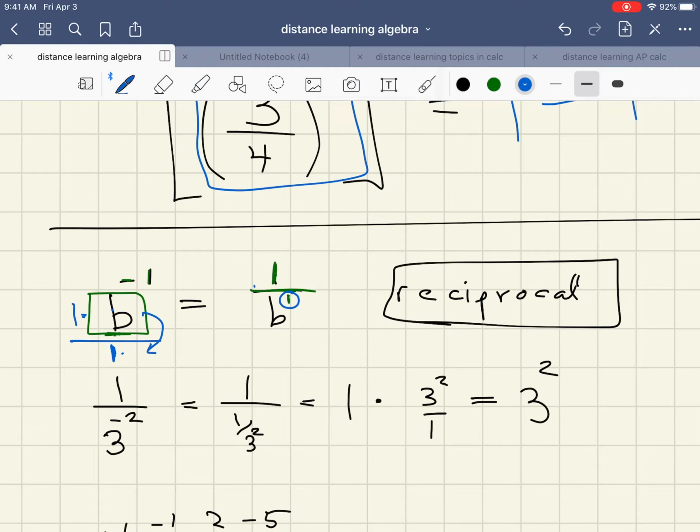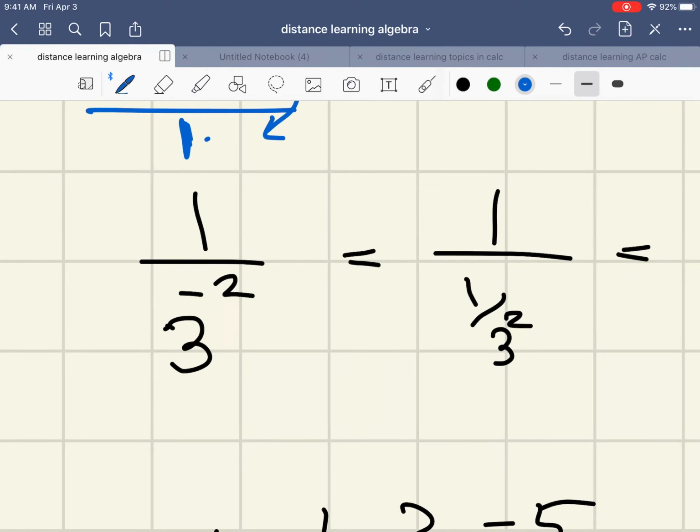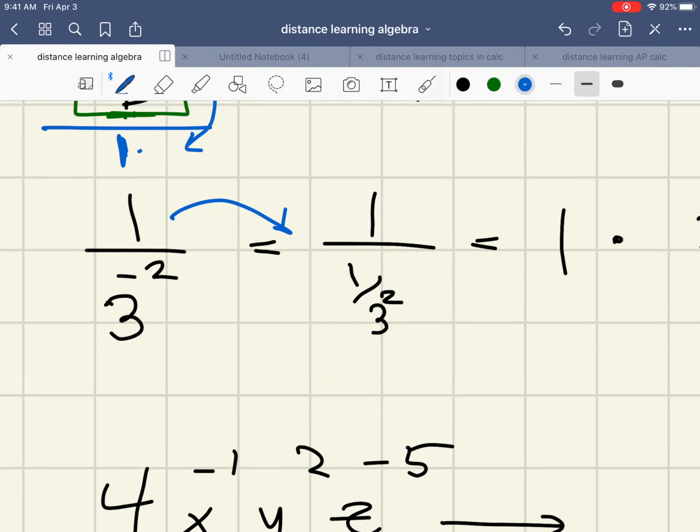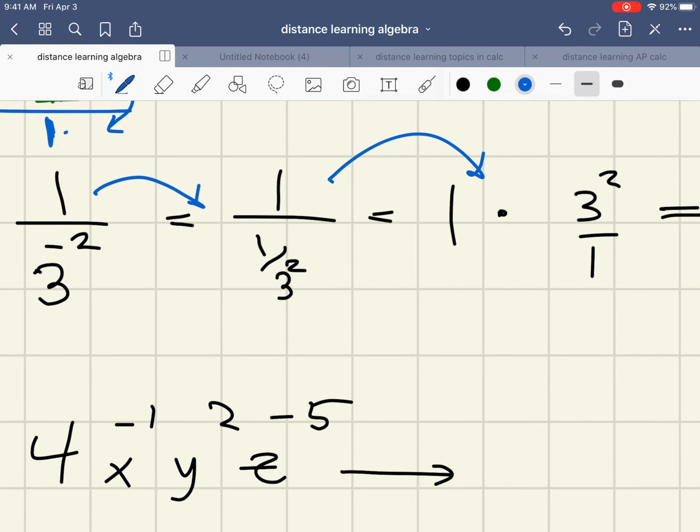A couple of examples of negative exponents would be here. We have 1 divided by 3 to the negative 2. Now, I've kind of gone through some process thinking here. First of all, if we looked at 3 to the negative 2, that is the same as 1 divided by 3 to the 2.